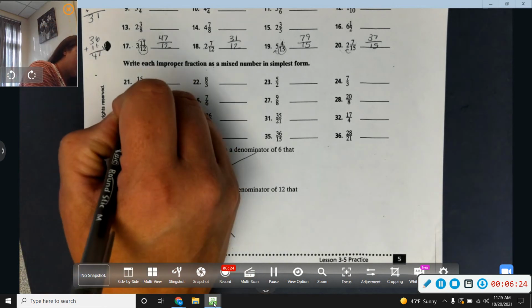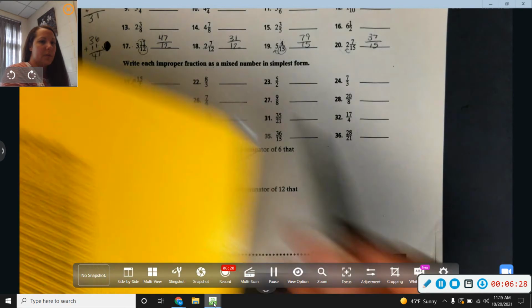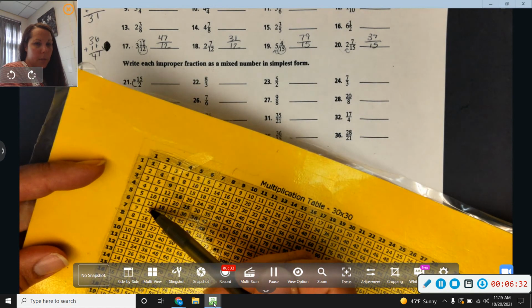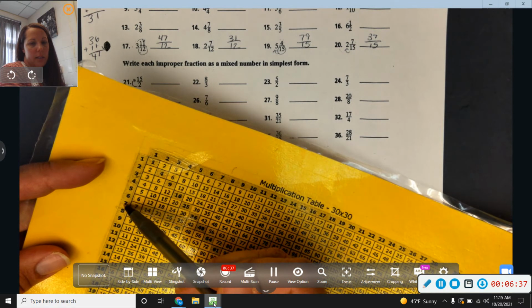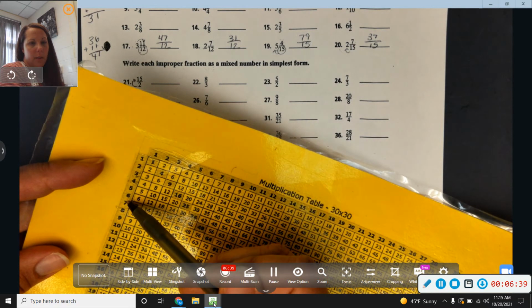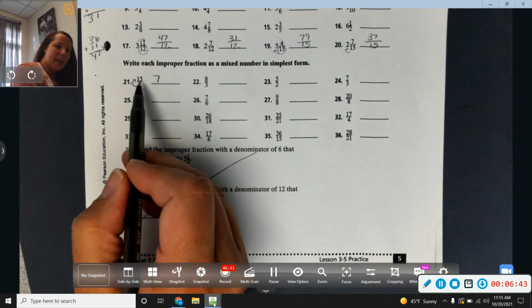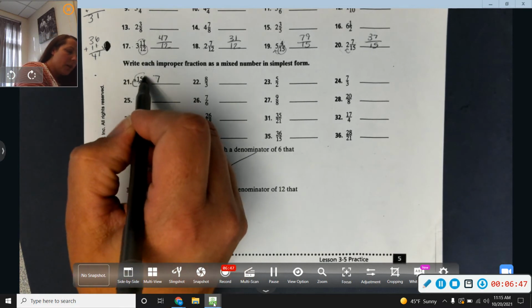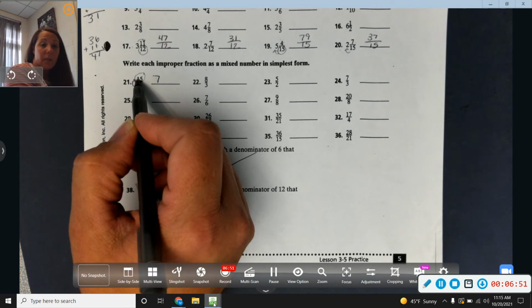So we see how many times 2 goes into 15. You go down your 2 column, you find a number that's close to 15 without going over, and it's 7. It goes in 7 whole times. I know that 7 times 2 is 14. If I use up 14 of those 15, how many do I have left?